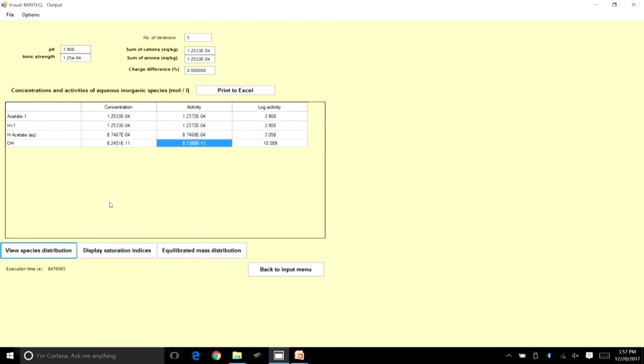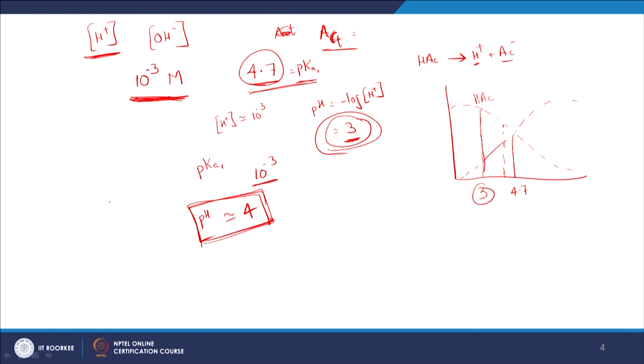Back to the main output menu, and if I switch, what do we see here? This is our system, HAC, and this is AC minus, pKa is 4.7. What was our current pH value? I think something around 3.9.